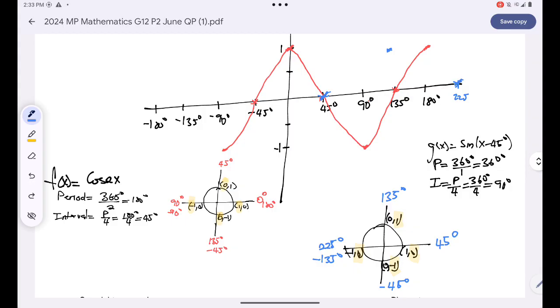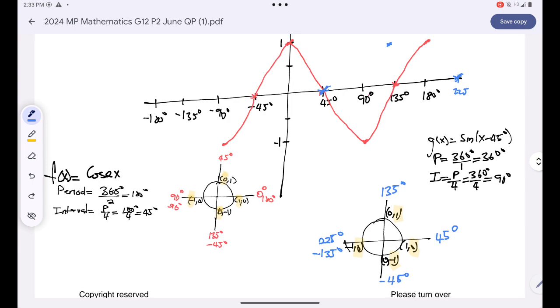And now let's go to the negative angles. For the negative angles, guys, I simply have negative 45, right?